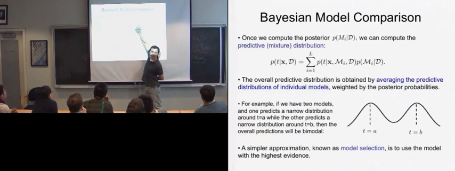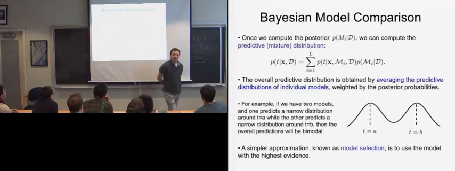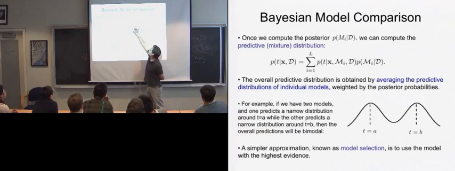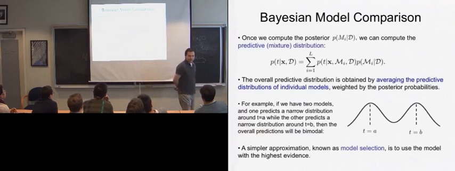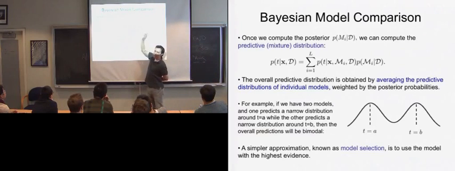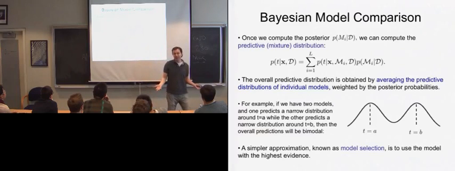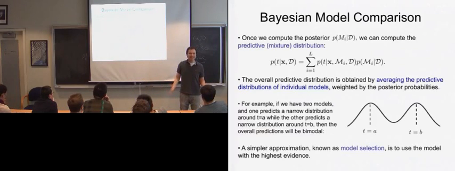So these guys sum to 1. The posterior probabilities of the models, if you sum these over M_i, sum to 1. So for example, if each posterior probability of each model were equal, then you'd have 1 over L, and you'd just do the standard averaging.